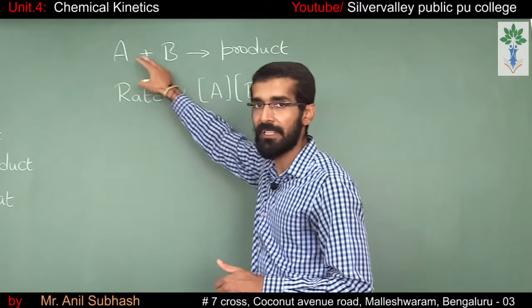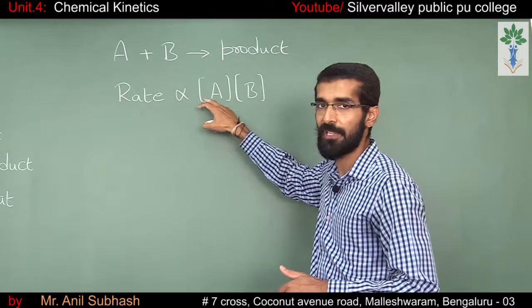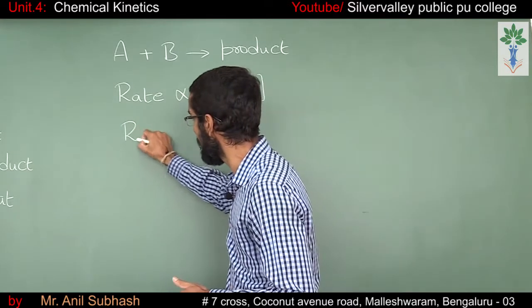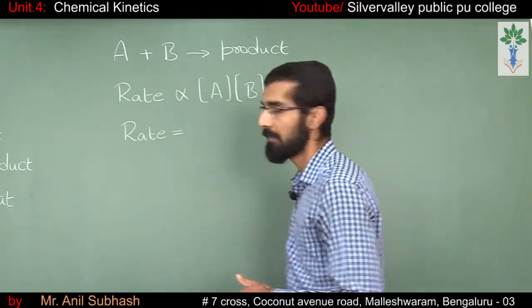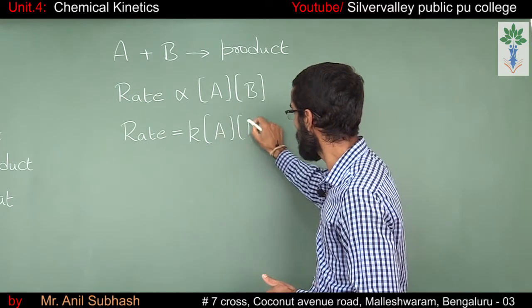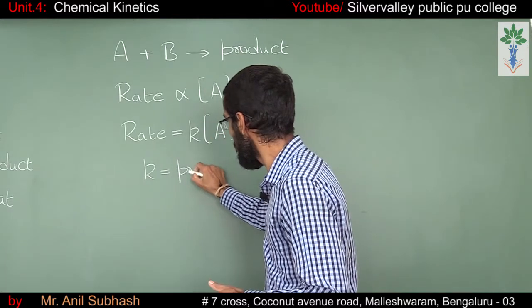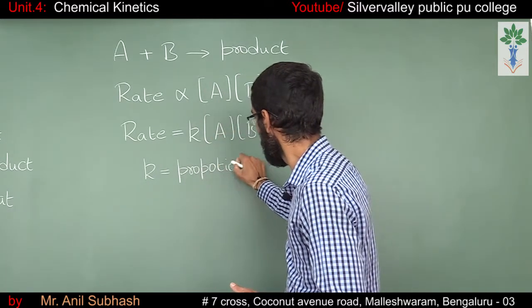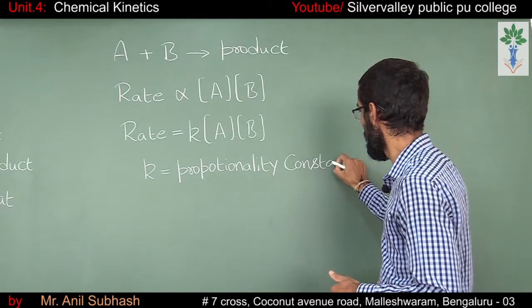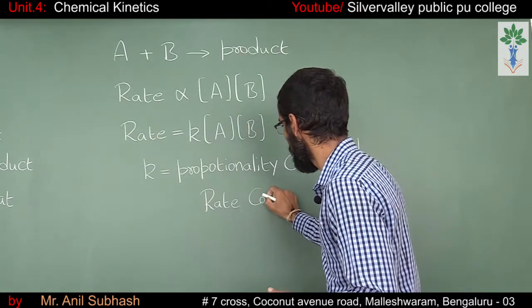Here the reactants are A and B, therefore the rate of the reaction depends upon the concentration of reactant A and the concentration of reactant B. If I need to remove the proportionality sign, I need to multiply by a proportionality constant, and here the proportionality constant is K, where K is a proportionality constant, or it is also known as rate constant.